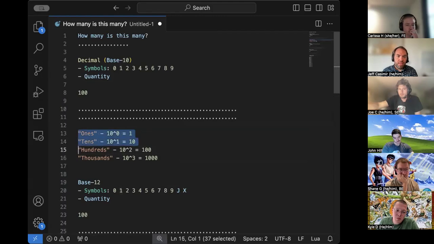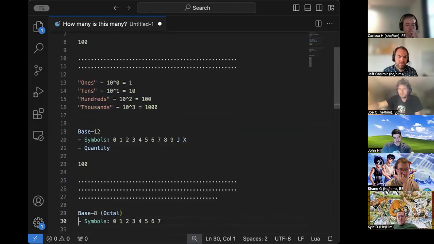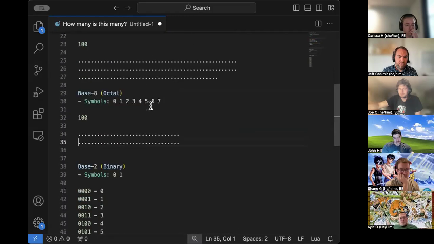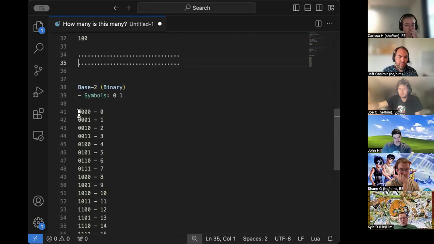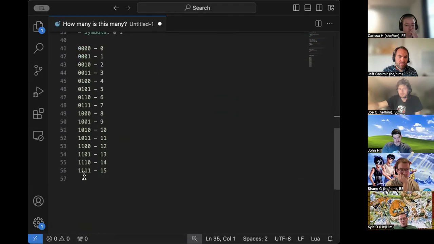So if you were going to make cute names down here in binary, like what are these spaces? Well, you would have 2 to the power 0 equals 1.